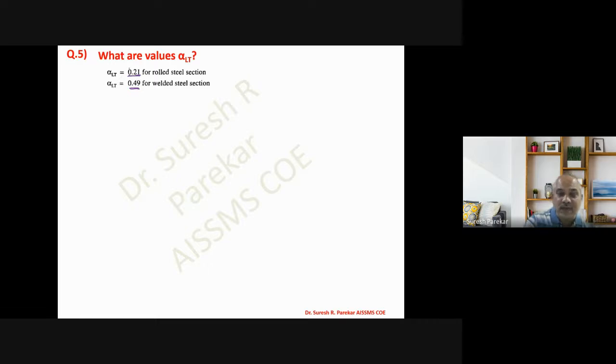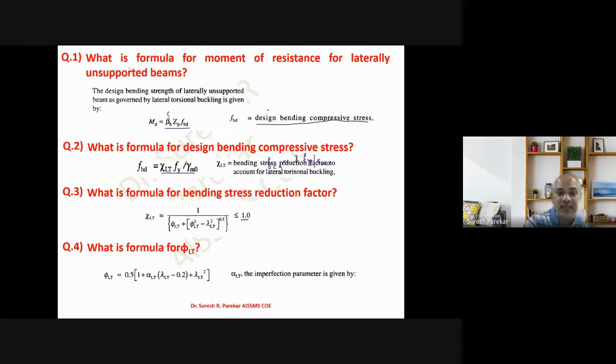So for which value we are going to get this value of phi LT larger one. So you can see alpha LT we have 0.21 for rolled section, and 0.49 for welded section. Now you can see, phi LT for rolled section is less than phi LT for welded section.